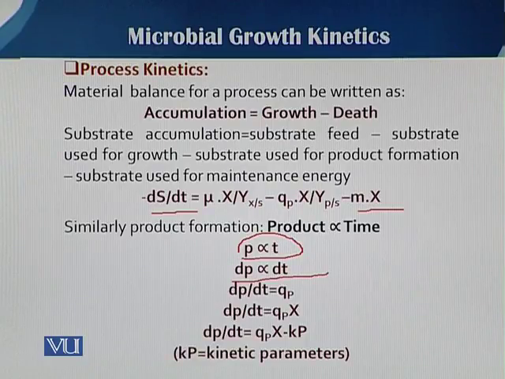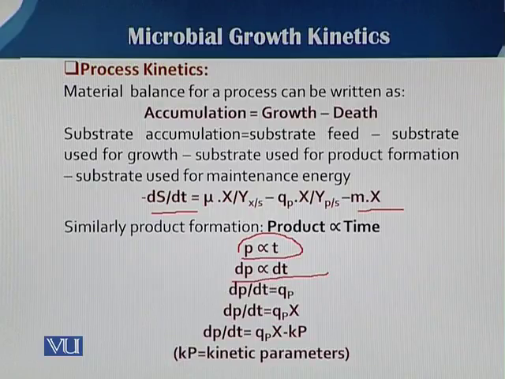If we change this proportion to a constant equation, then dP over dt is equal to Qp, where Qp is the product quotient. If the product is associated with the biomass, meaning the product is directly linked with the biomass concentration, as mostly happens in fermentation conditions in batch culture, then we can say that dP over dt is equal to Qp dot x.